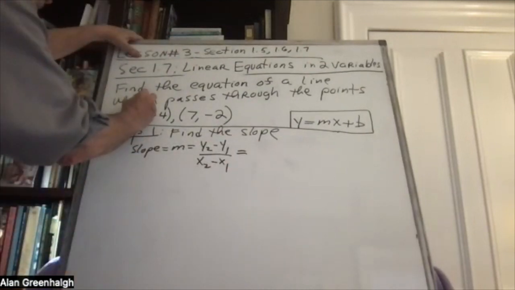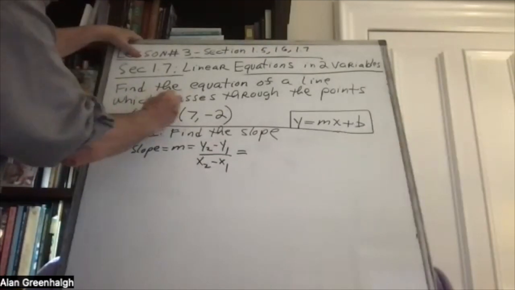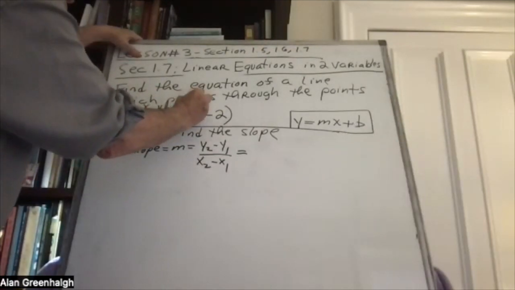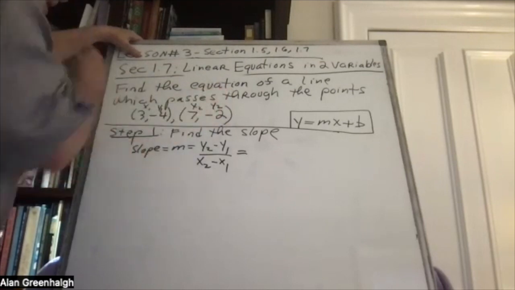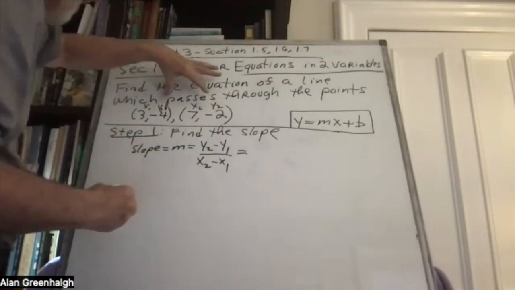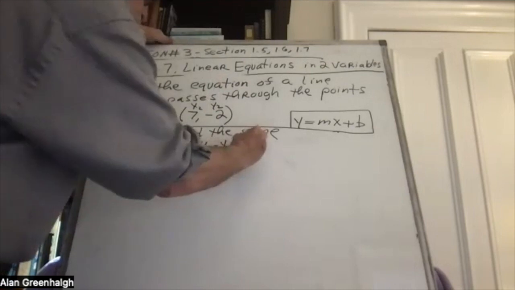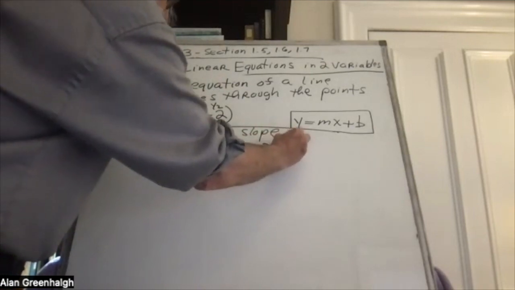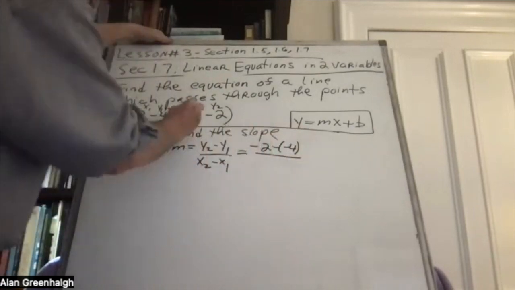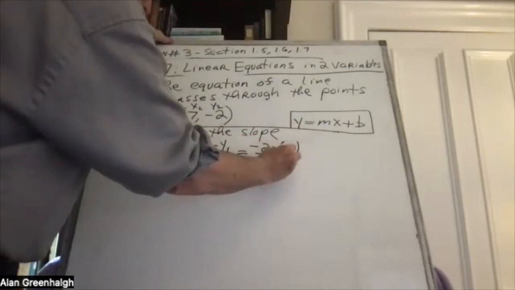So you could do this x1, y1, x2, y2. And now negative 2 minus negative 4 over 7 minus 3.